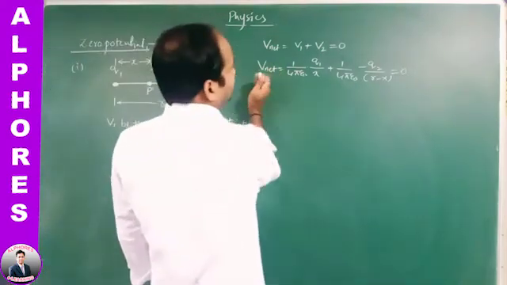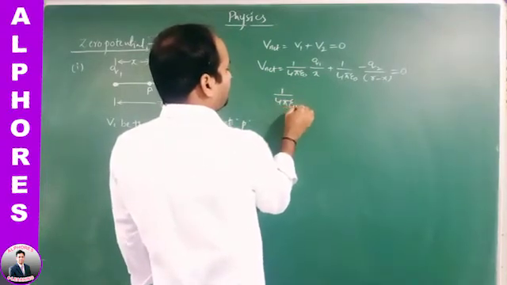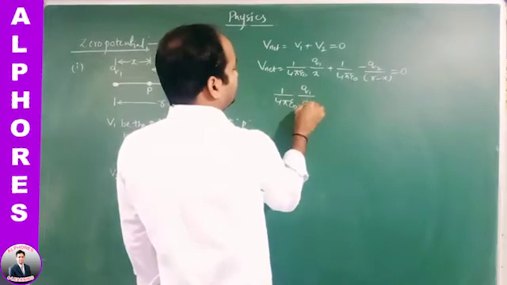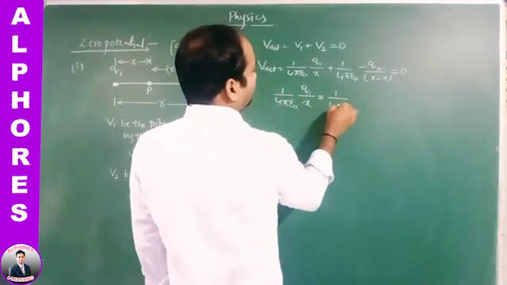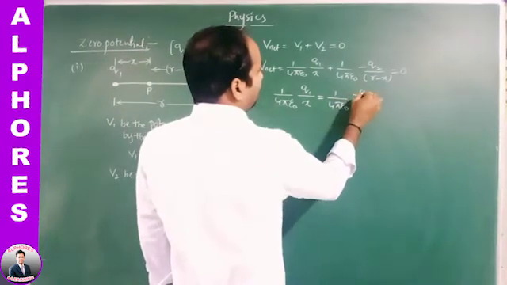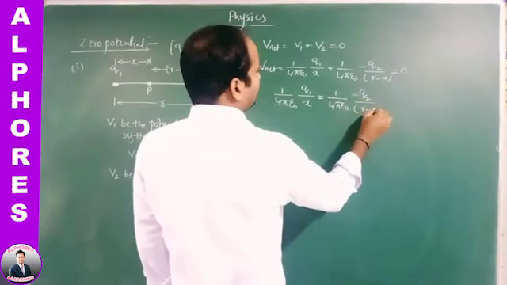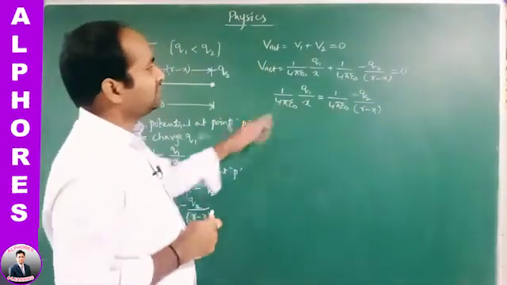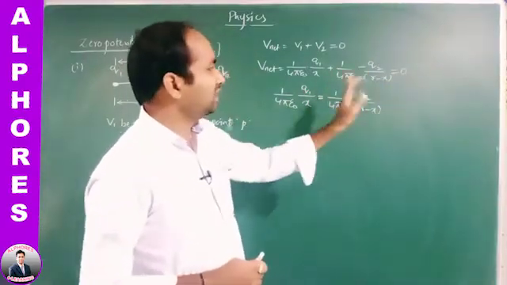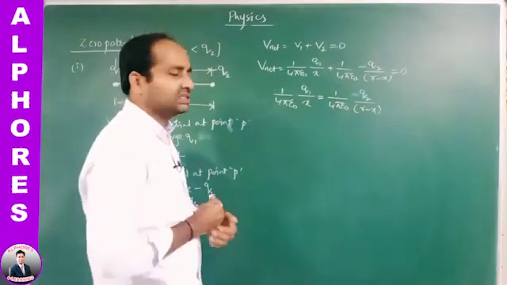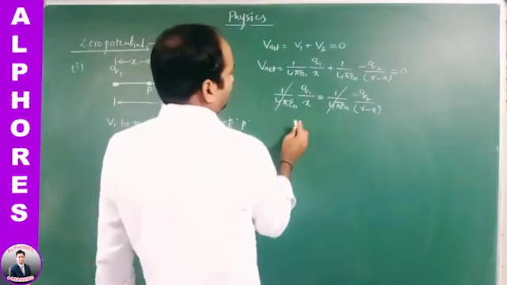Then we may write: 1 by 4 pi epsilon naught Q1 by x is equal to 1 by 4 pi epsilon naught Q2 by R minus x, since the sum of these two terms is equal to 0, and moving the negative term across makes it plus. 1 by 4 pi epsilon naught cancels.